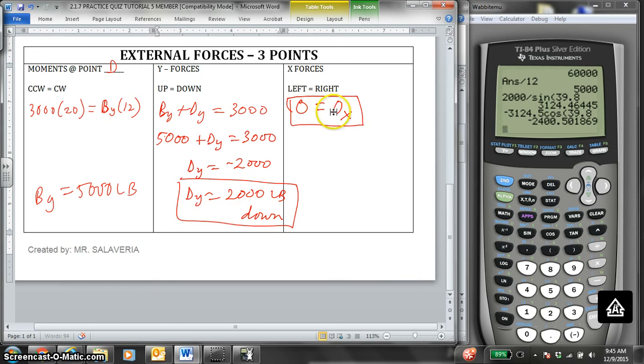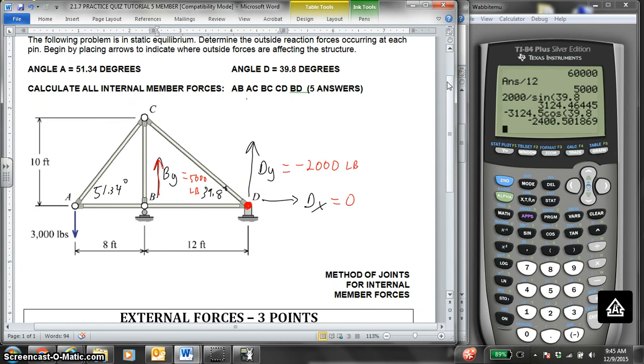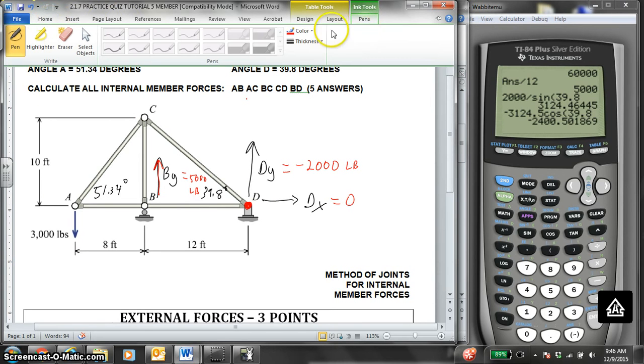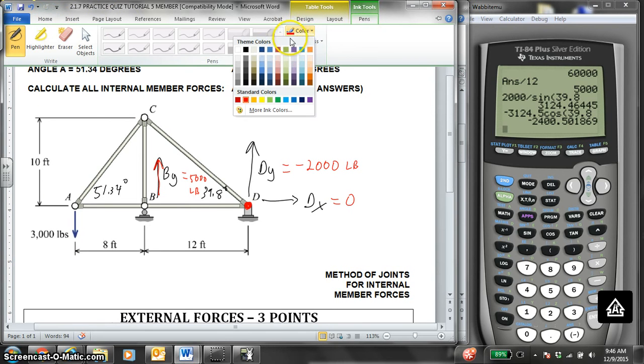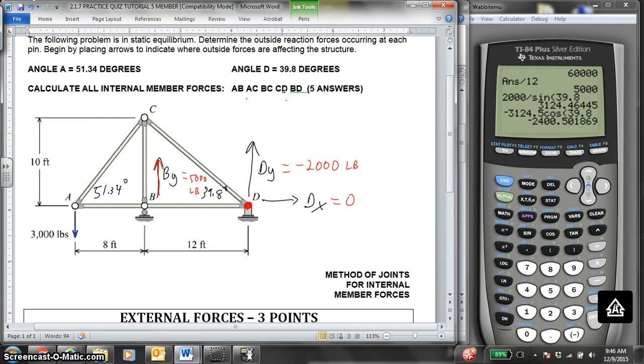Then if you watch the other tutorial videos, we solved for 4 of the 5 member forces so far. So how does that look? Let's try and use blue here. We said CD is 3124 tension.